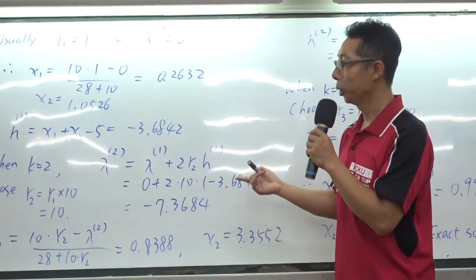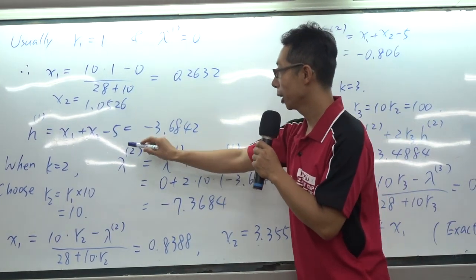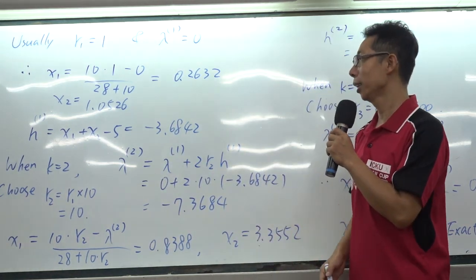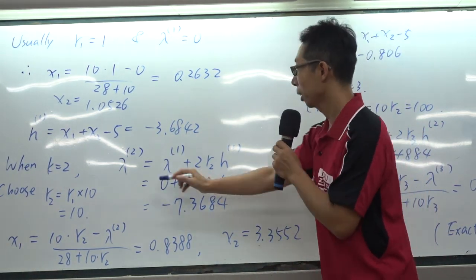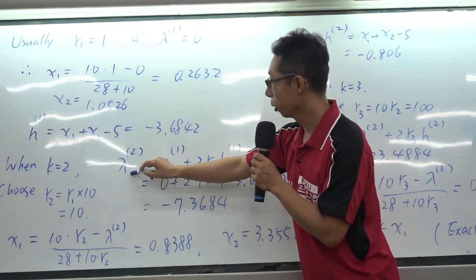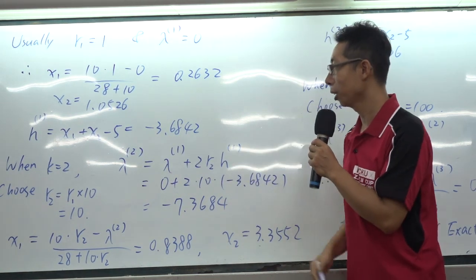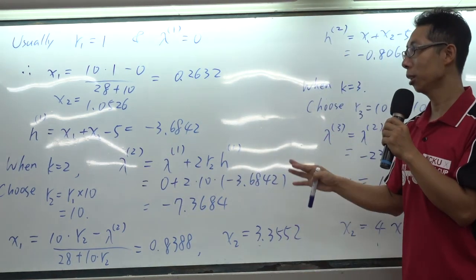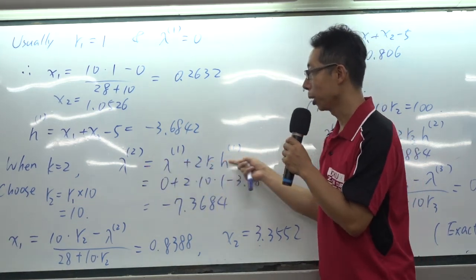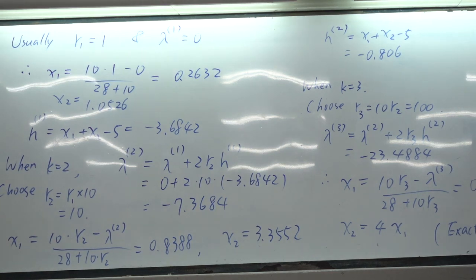That is why, in order not to confuse you, I put this k index over here with parentheses, because later on you may have something like lambda j at iteration k equals 2, for each different lambda.